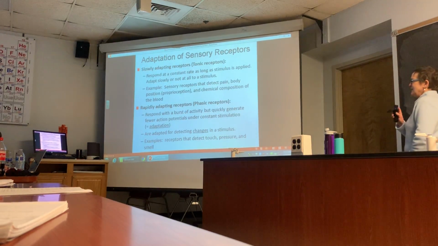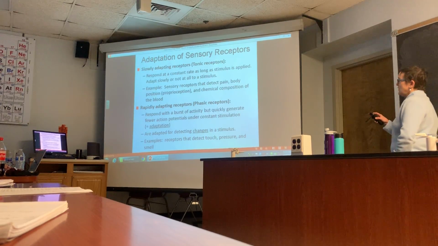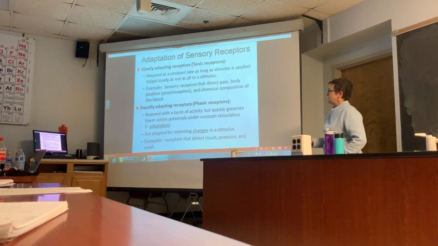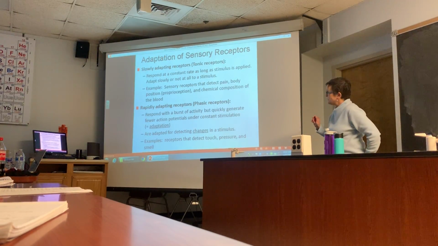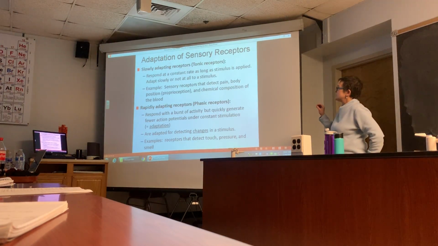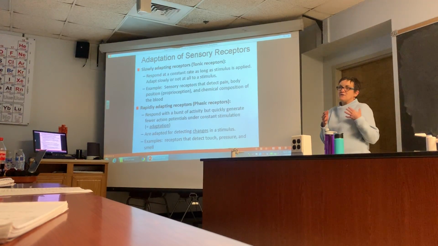As I said, there are two kinds of adaptation: slowly adapting and rapidly adapting receptors. Slowly adapting receptors, called tonic receptors, respond at a constant rate to a stimulus. They adapt very slowly. In other words, they take a while to generate fewer action potentials, and sometimes they don't adapt at all.